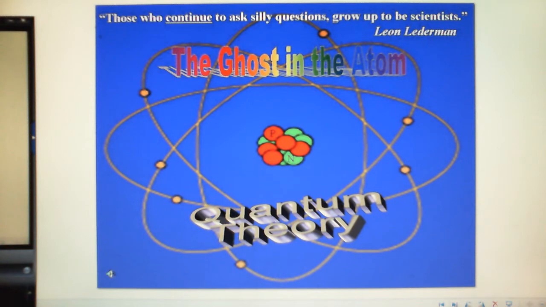This is the iconic Bohr-Rutherford model of the atom. Unfortunately, it suffers from two major flaws. One concerns the confinement of the protons within the nucleus, and this is dealt with in my other video clip on high energy particle physics.